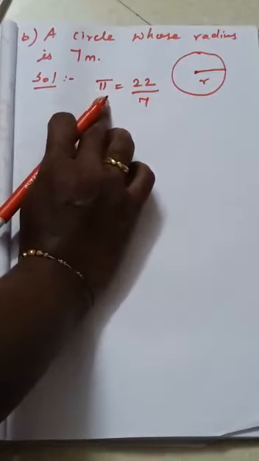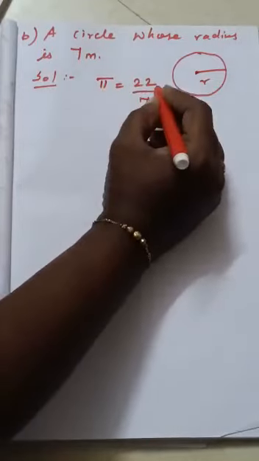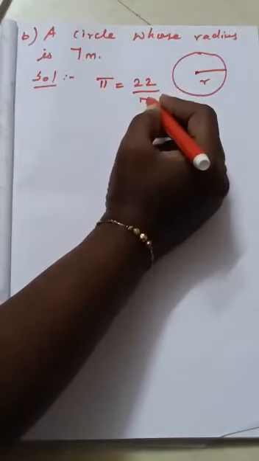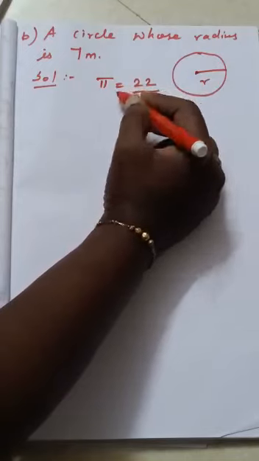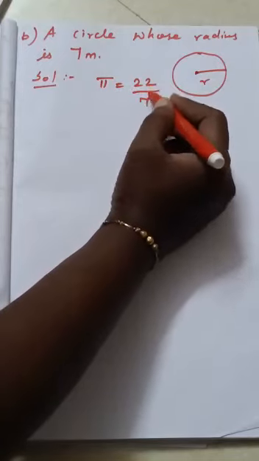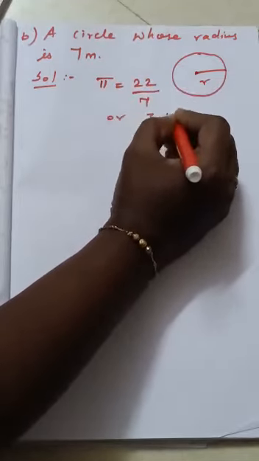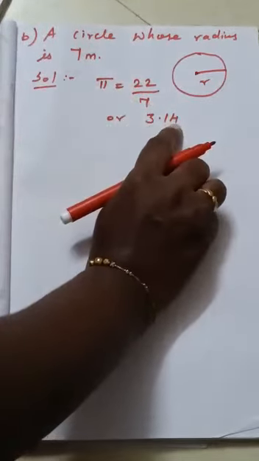Pi is a constant value which has been found, and it is 22 by 7, and we also have another value, that is 3.14. If you divide 22 by 7, you will get about 3.14. So we have two values for pi.